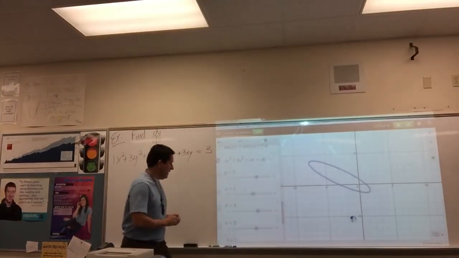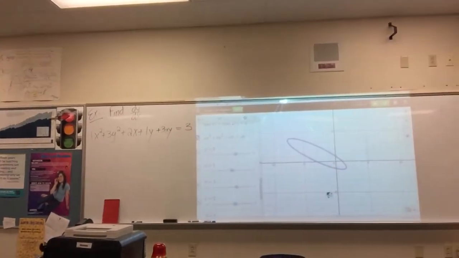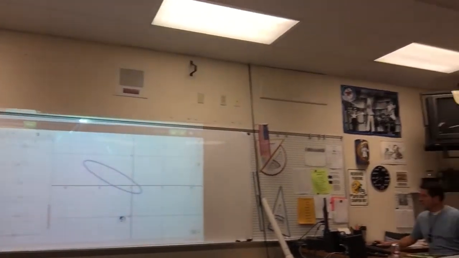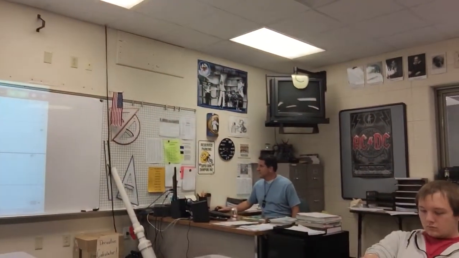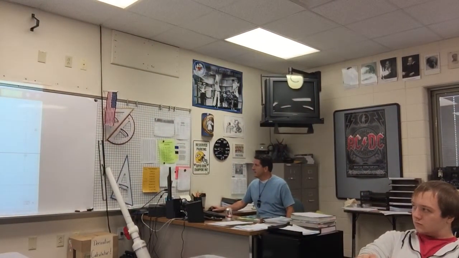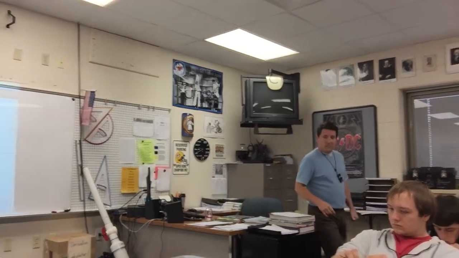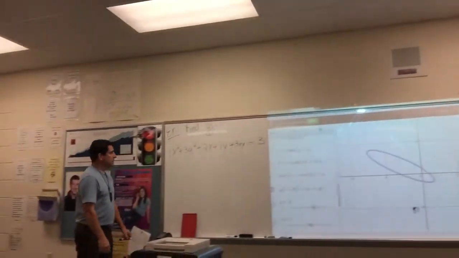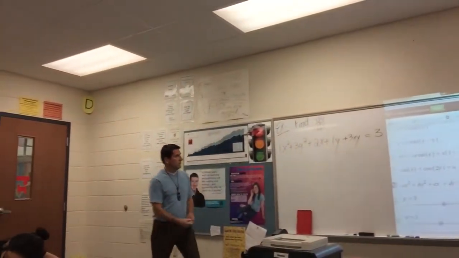Okay. So this should be a piece of cake based upon what we've been studying for the last 2 days. So we are finding the derivative of this ellipse, which happens to be this equation, and we're going to find the derivative of it. So let's go do that.